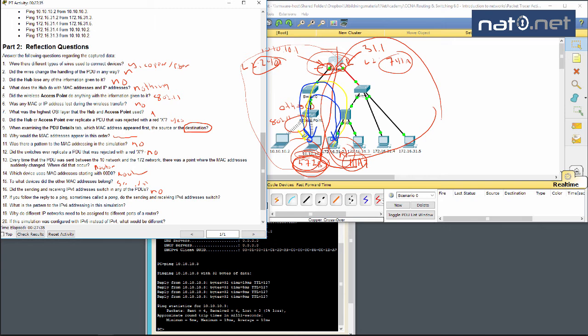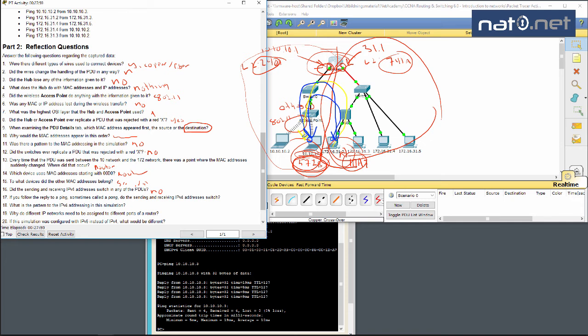The answer key, which I have actually, says each port of a router requires a set of non-overlapping addresses. Yeah, a router is a device that belongs to more than one IP subnet. So each router interface needs to be in different subnets. So that's the answer to that.